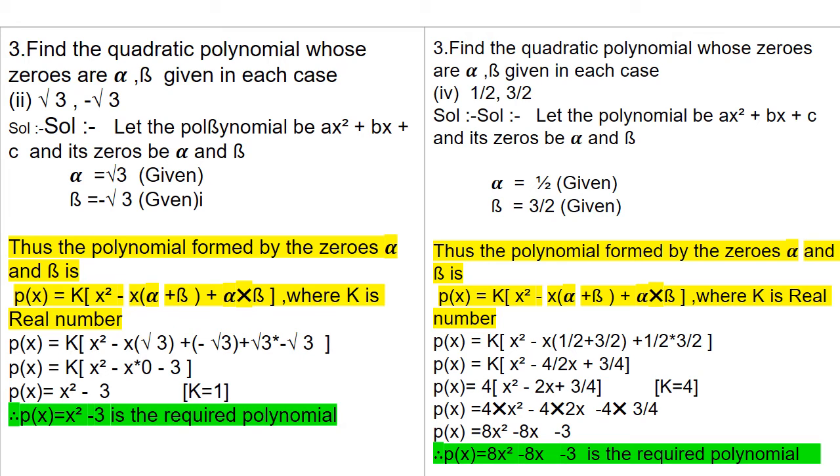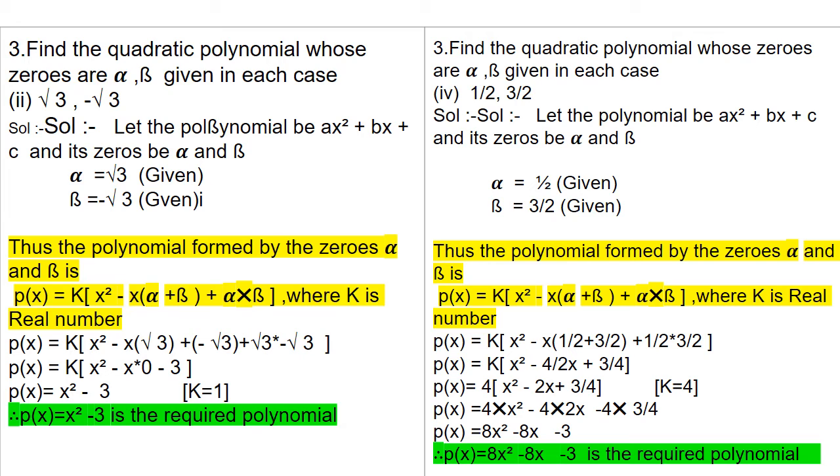P of x is equal to k into x square minus 1 by 2 plus 3 by 2 is equal to 4 by 2 x plus 3 by 4. So here the denominator of the last term is 4. The general quadratic polynomial form is ax square plus bx plus c. There are no denominators in that.